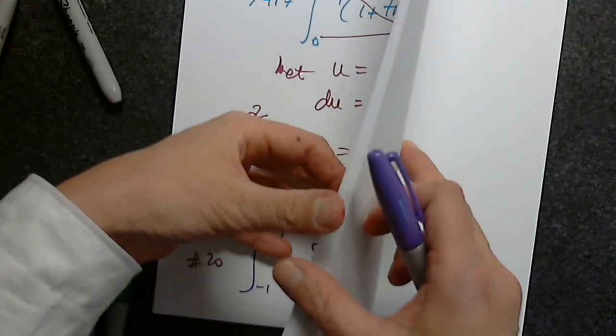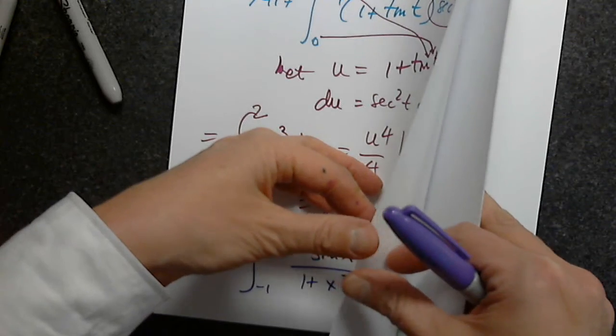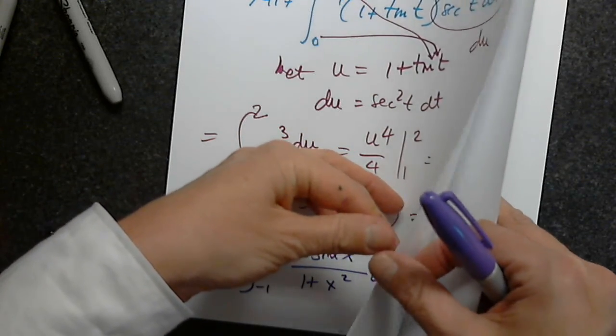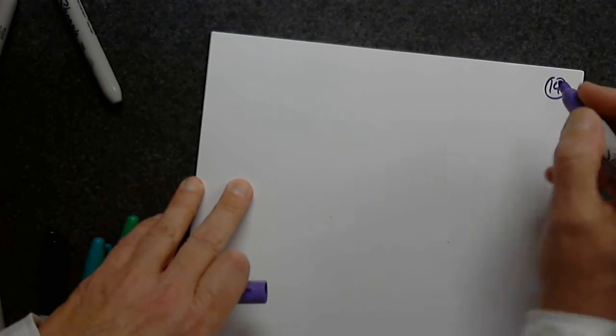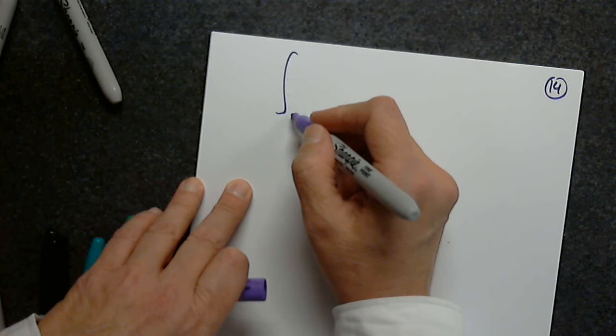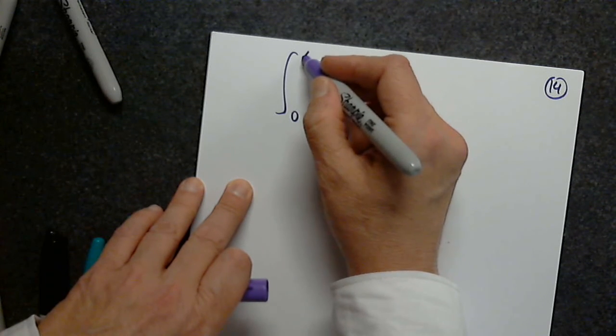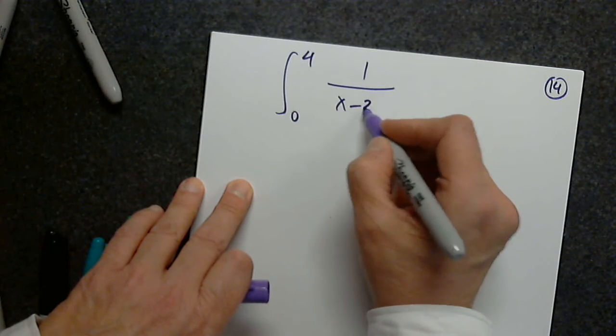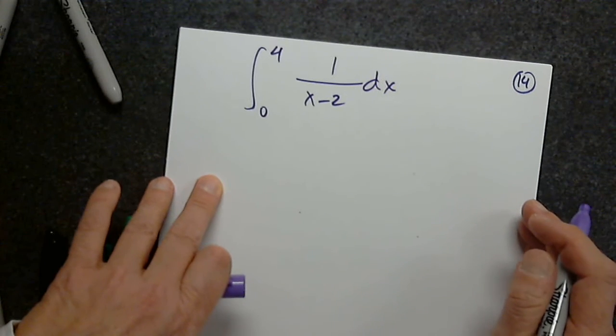Very good question. So let me explain why. The integral from 0 to 4 of 1 over x minus 2 dx.